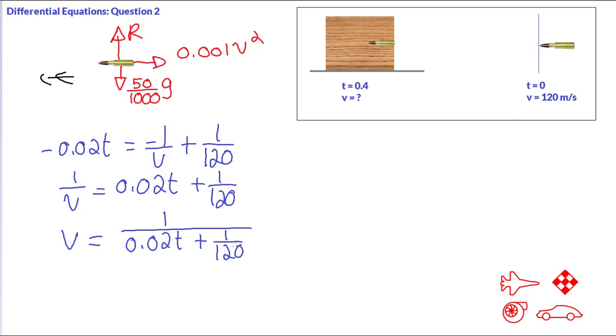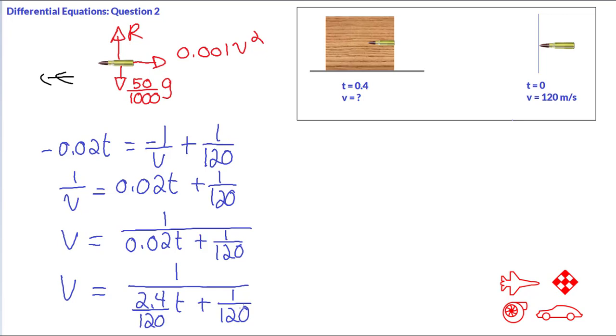You can find a common denominator between the two terms so they can have the same denominator. So v is equal to 1 all divided by 2.4 divided by 120 t plus 1 over 120. Of course, they now have the same denominator.